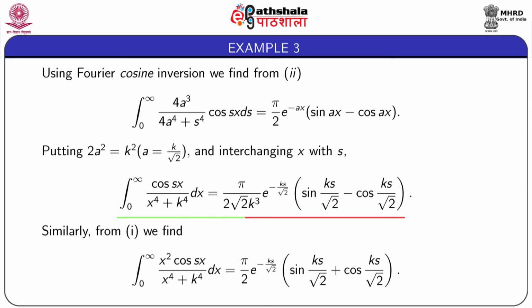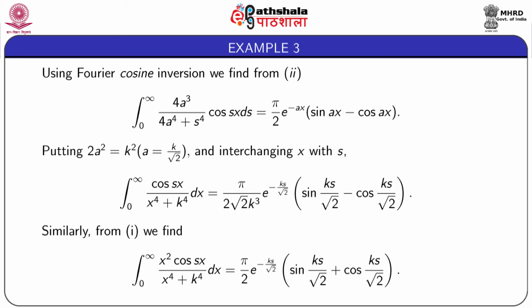This is equal to pi by 2 root 2 k cube into e to the power minus ks by root 2 into sin ks by root 2 minus cos ks by root 2. So, this gives the Fourier cosine transform of the function 1 by x^4 plus k^4.